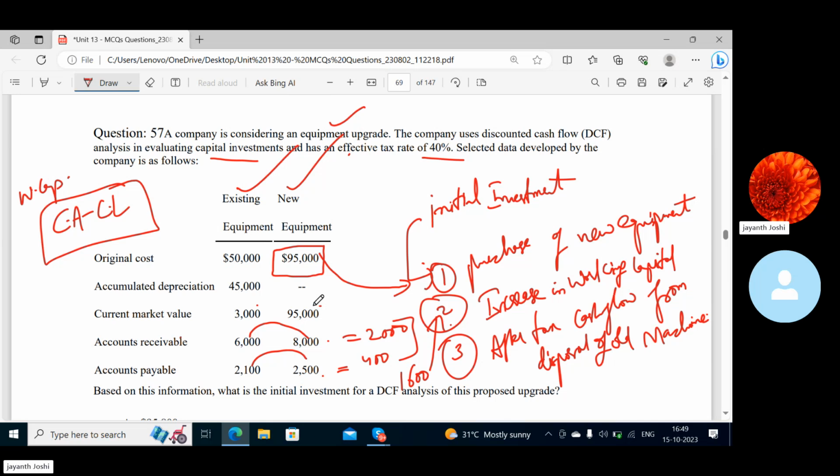So the existing equipment they had cost 50,000. The accumulated depreciation till date was 45,000. That means if they sell the asset today, they are going to get how much? 3,000, right?